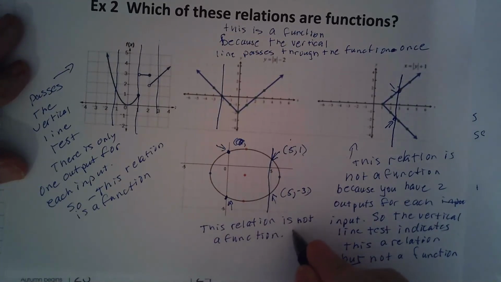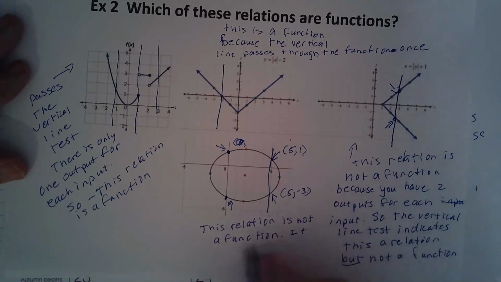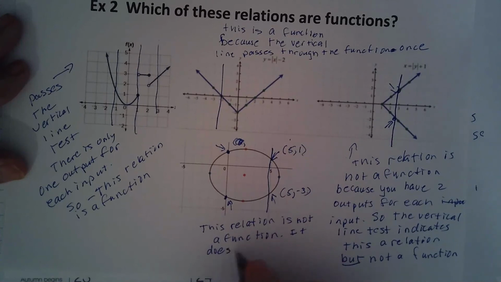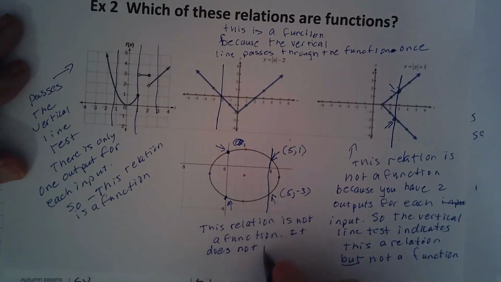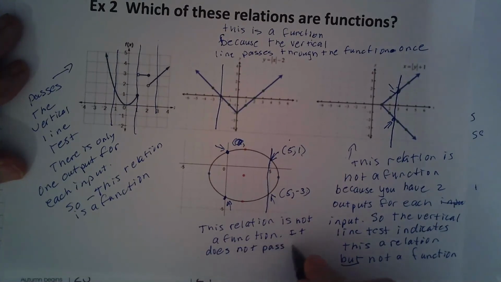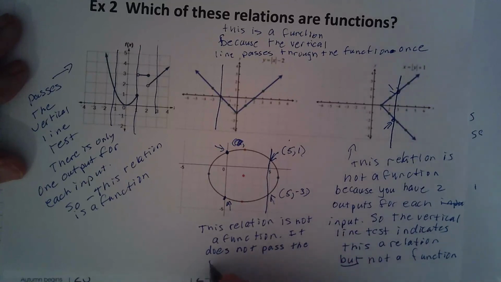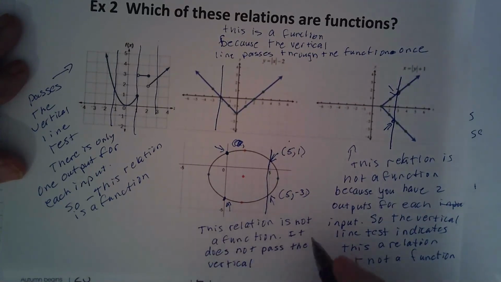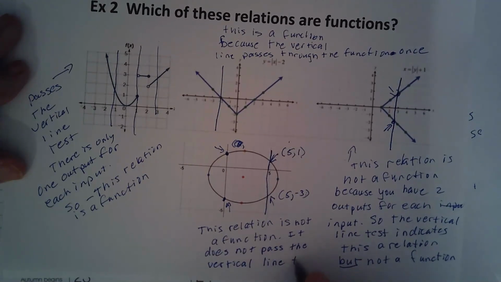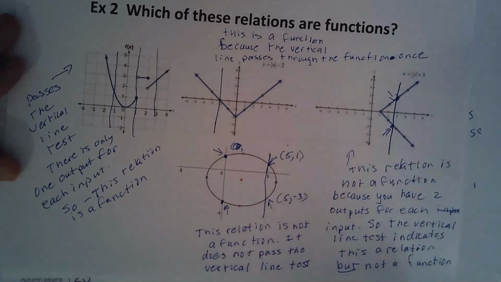It does not pass the vertical line test, which is again only one output for each input. And I'm not going to repeat the rule over and over again about the vertical line test, because I've said it multiple times here and I've written it in multiple places. Okay? All right, so that's basically it.